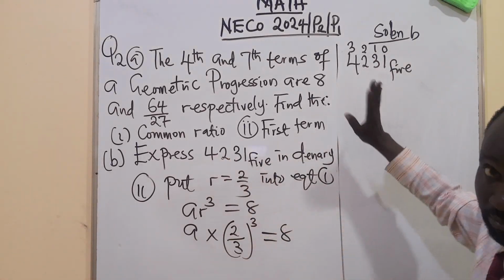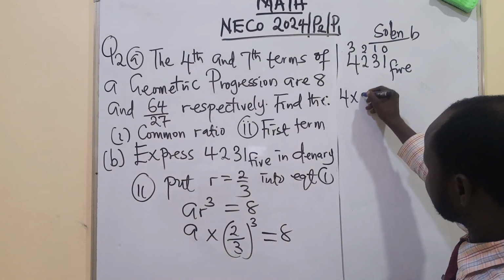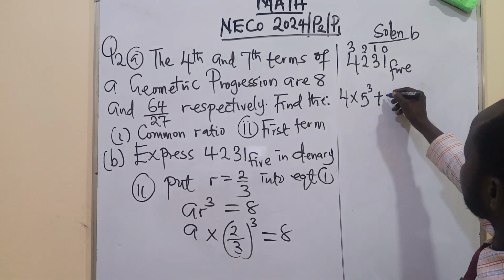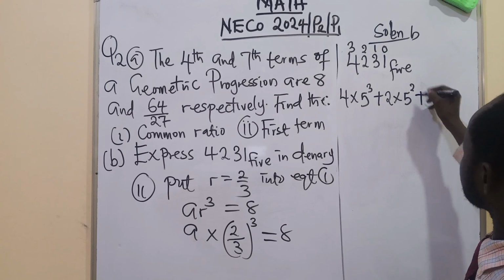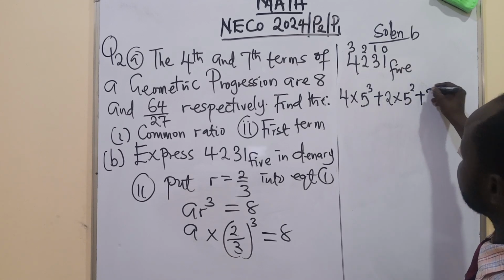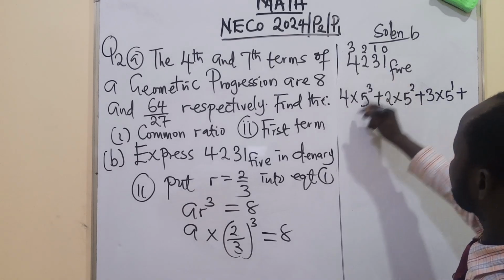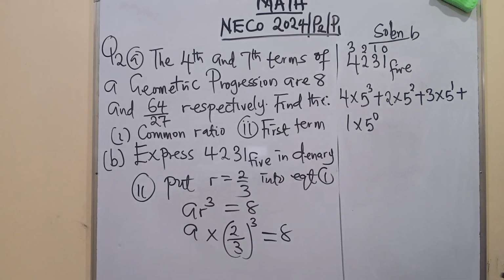We are using the expansion method here. We start with 4 times the base 5 power 3, plus 2 times the base 5 power 2, plus 3 times the base 5 power 1, plus 1 times the base 5 power 0. This is what we mean by the expansion method.